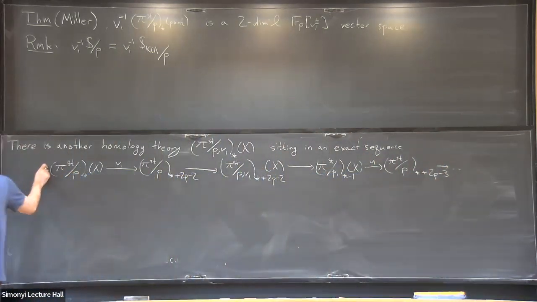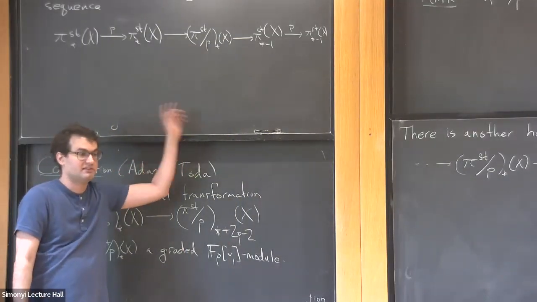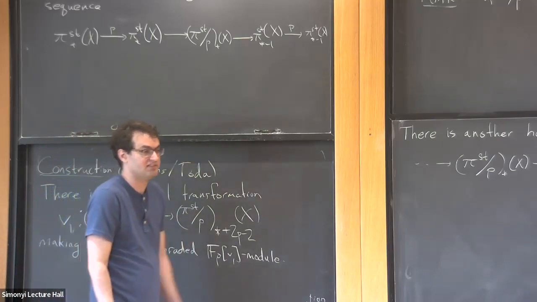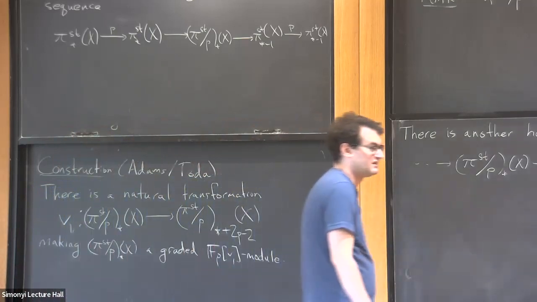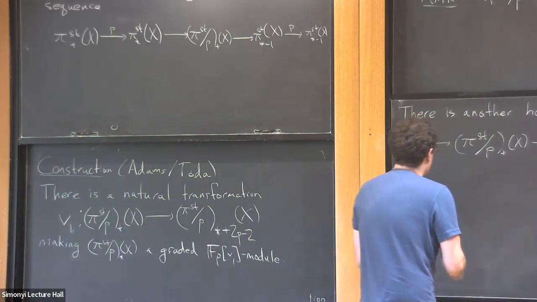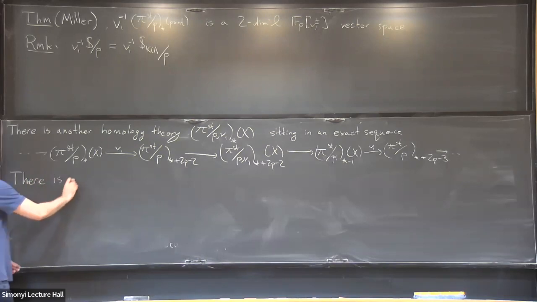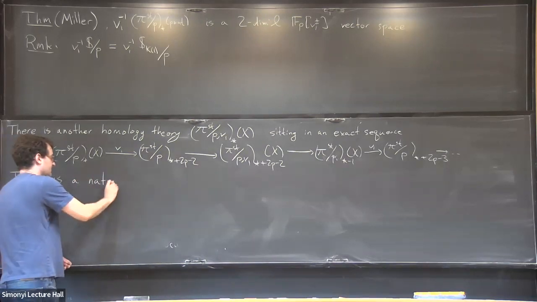It's exactly the analog of killing P. We're killing now this transformation V1 to produce a new homology theory. And now, beautiful construction. There's a natural transformation.